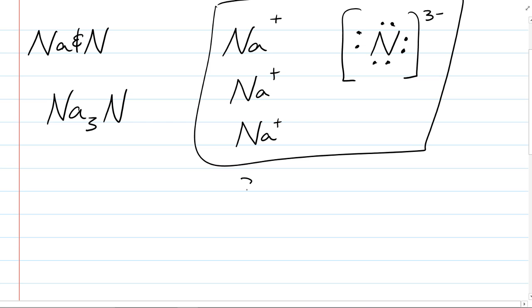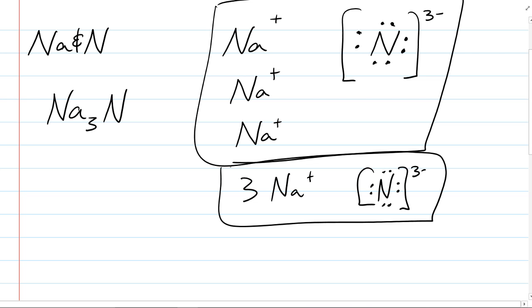Another way might be to write it as 3Na plus and show the nitride ion like this. So this is another way of writing the same thing. Either one of these 2 ways would be ways to write the Lewis diagram for sodium nitride.